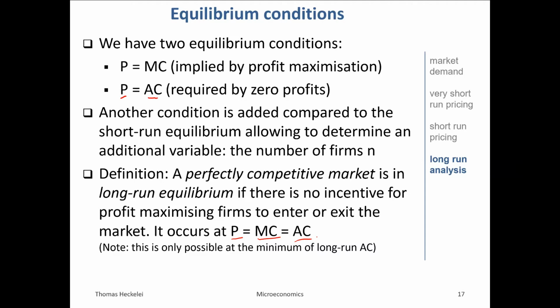And there's a small writing there in the bracket saying that this is only possible at the minimum of long run average cost. Fortunately, we have talked about that also. If you wonder why, then go back to the video where we talk about short run versus long run cost.